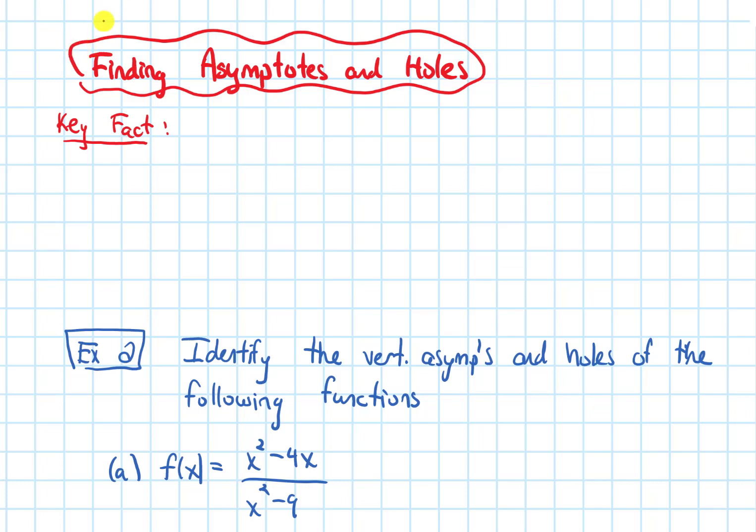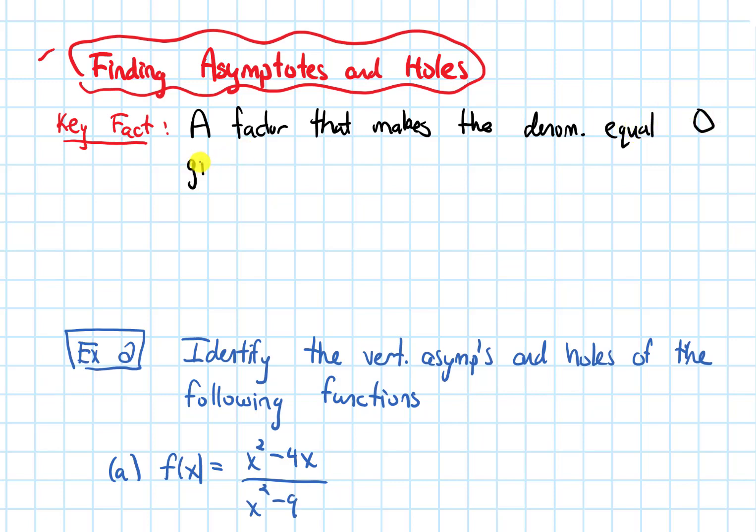In this video, we'll talk about how we can find asymptotes and holes. I want to begin with a key fact. A factor that makes the denominator of a function equal 0 gives us one of two things.